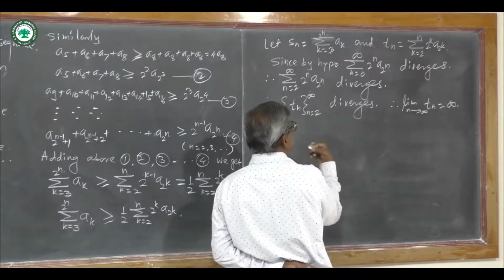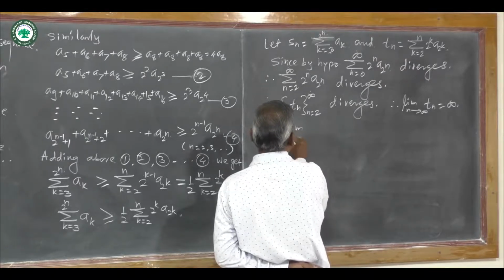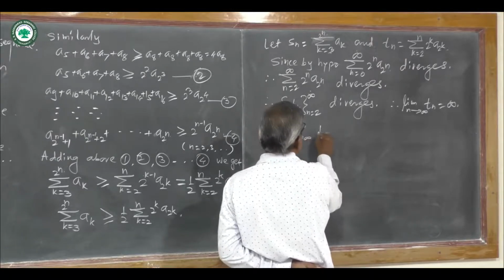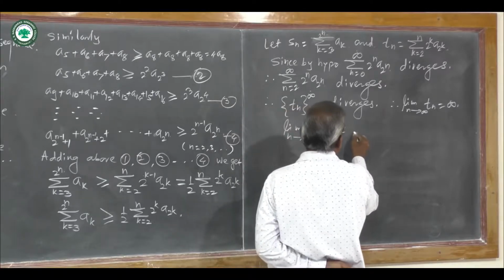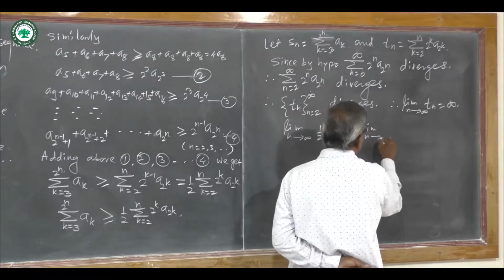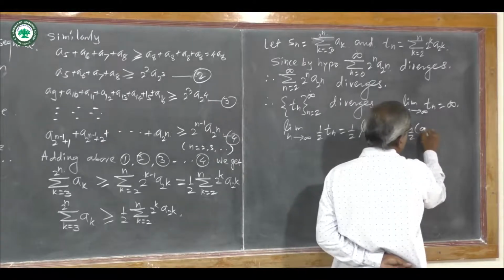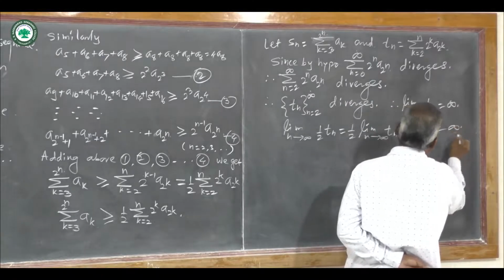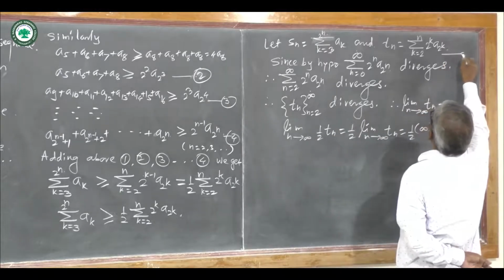Therefore, again dividing by 2, we obtain limit n tends to infinity of 1/2 times Tn is equal to 1/2 times limit n tends to infinity of Tn, which is equal to 1 half into infinity, which is equal to infinity. This is say 5.